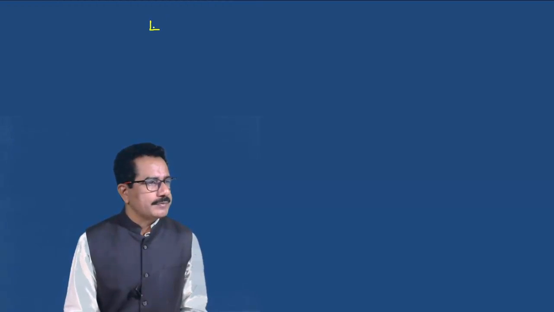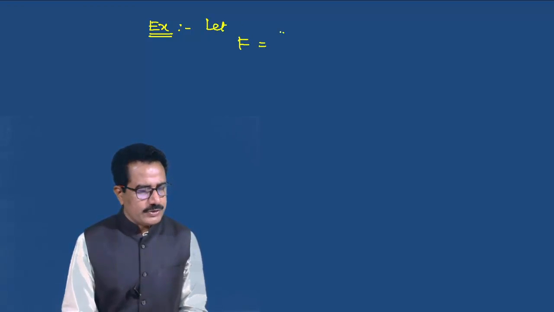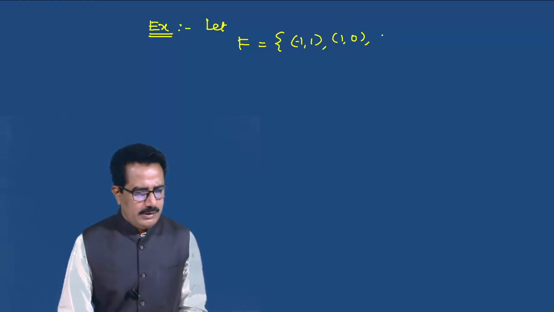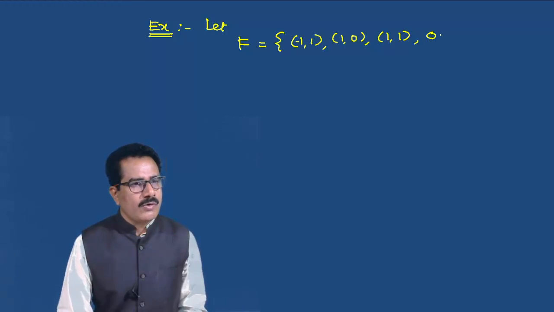For example, let capital F be the set of (1, 1), (1, 0), (0, -1), (1, 0), (-1, -1).